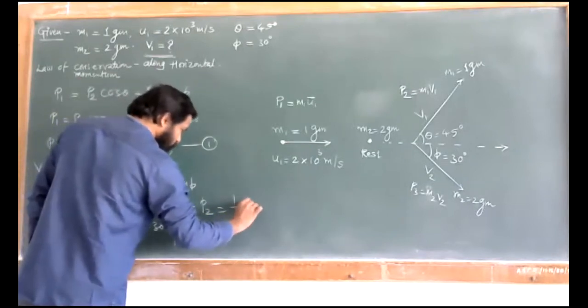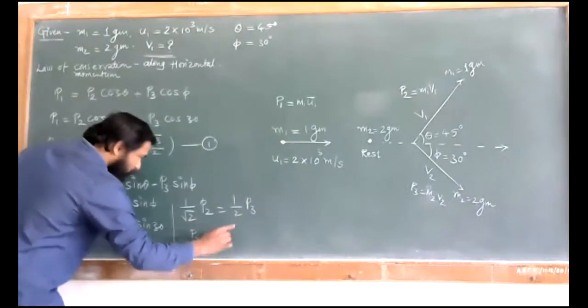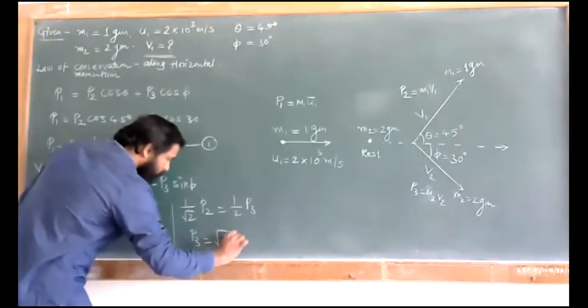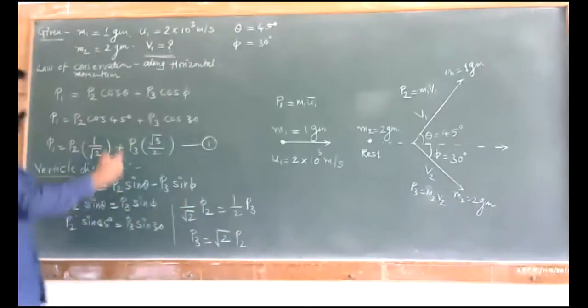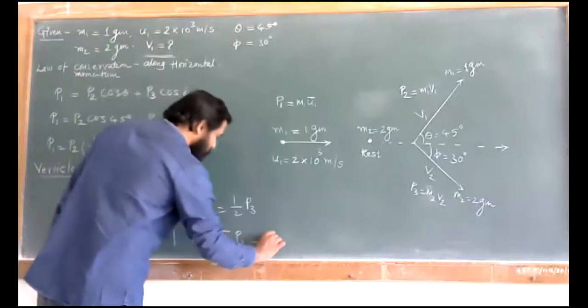So this is equal to P3. What is the value of P3 then? The value of P3 is root 2 times P2, since 2 upon root 2 is root 2. So P3 is equal to root 2 times P2. Let us say this is equation number 2.